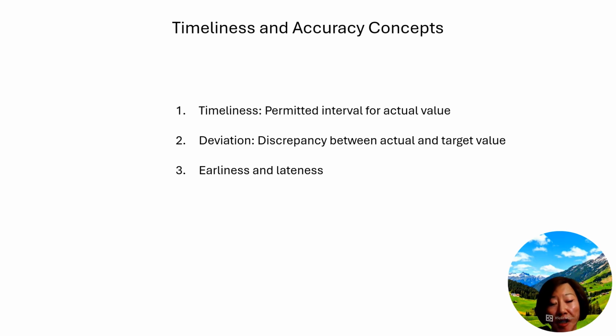Timeliness and accuracy concepts. The timeliness concept defines an acceptable window for message delivery. For some applications, this window might be as small as a few microseconds. Deviation is a key metric for assessing the performance of time-sensitive networking features.